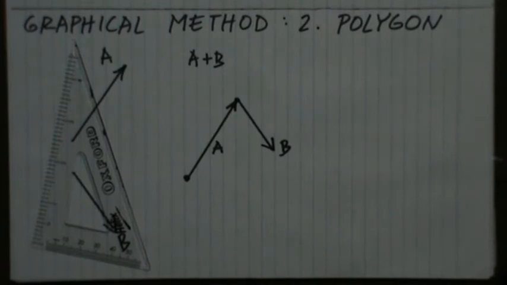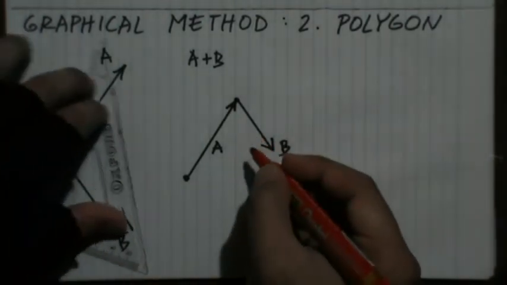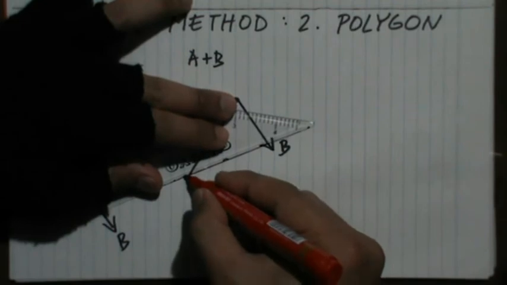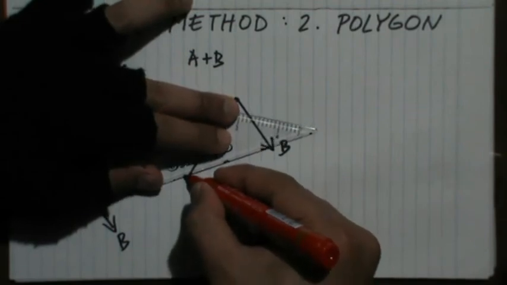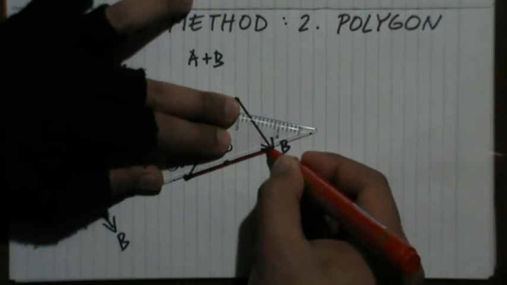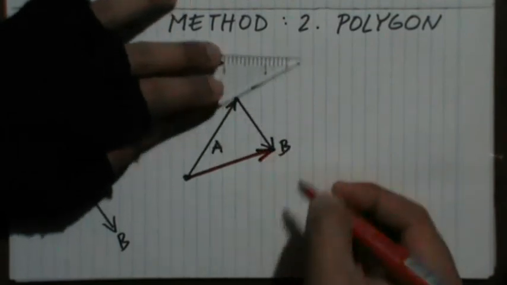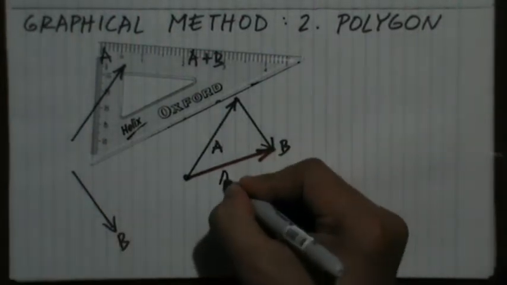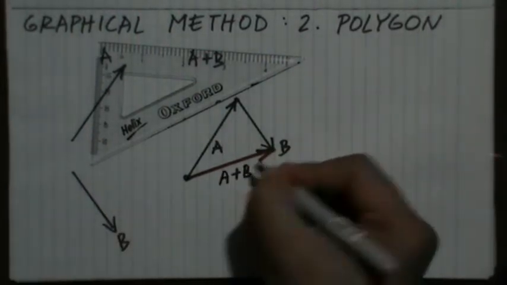So the resultant of A plus B starts from the starting point of A, and it ends at the head of B. So this is A plus B.